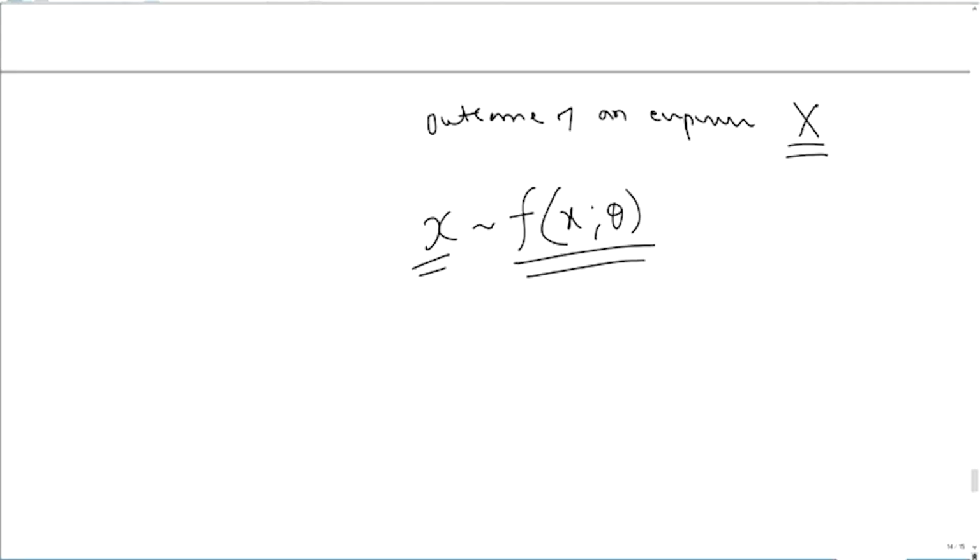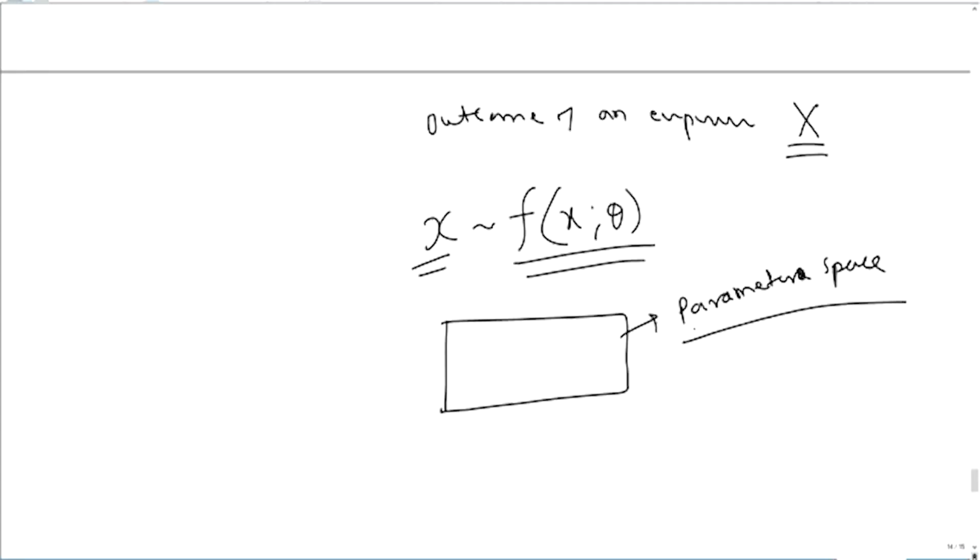Now let's say there is a space, which we can call the parameter space. What it means is basically all the values that the parameter can take. So what is the parameter here? Theta. Hypothetically, of course theta would be continuous in most cases, but let's say theta can take 5 possible values: theta 1, theta 2, theta 3, theta 4 and theta 5.